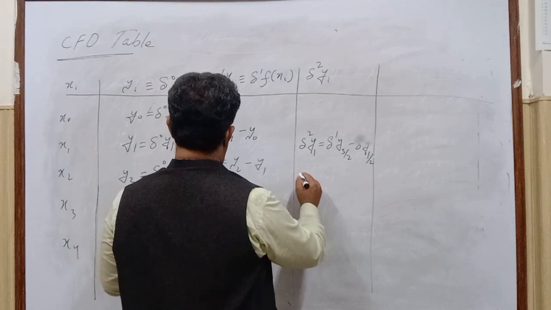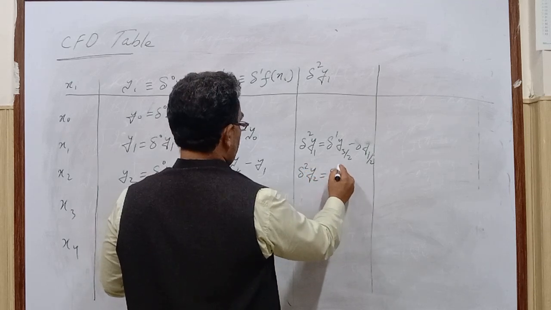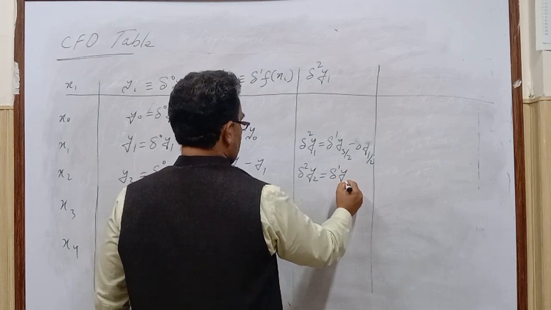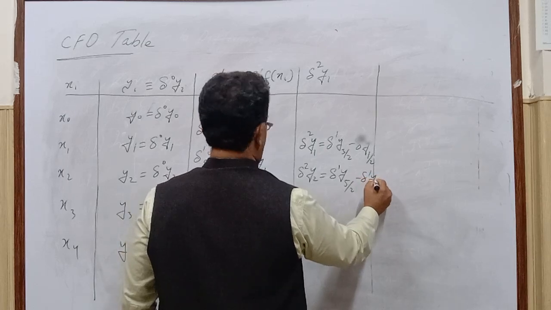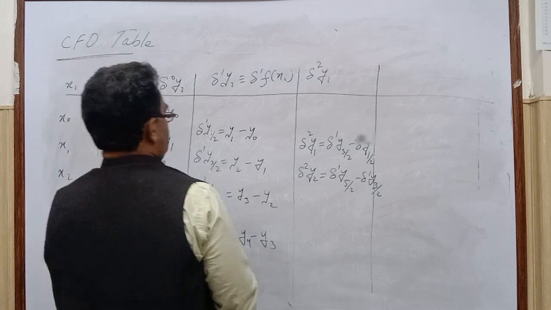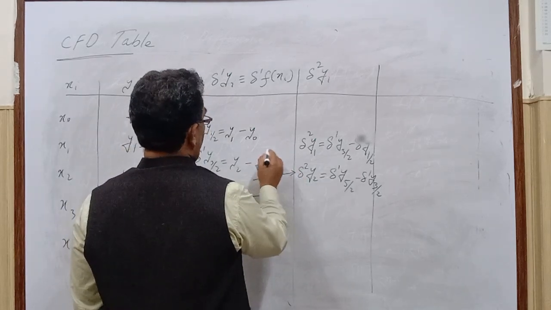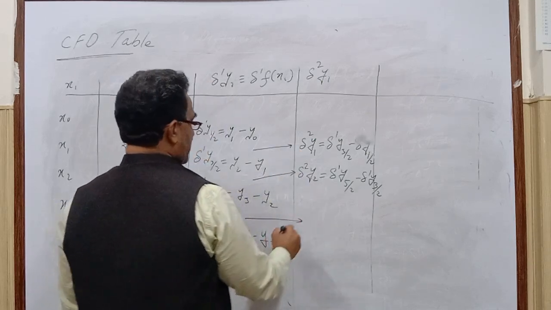So this is delta 2 y2, and this will be the difference of first level CFDs. This value is in between these two values over here.